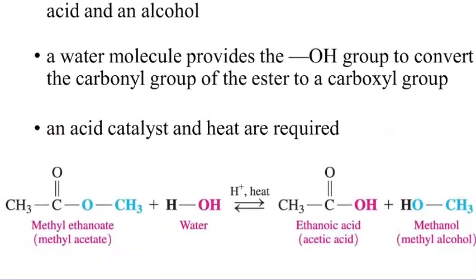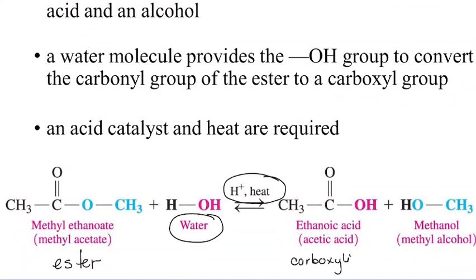So when this occurs, as you can see in the bottom reaction, if you have an ester and it combines with water, acid, and heat, you are going to obtain as products two things: the carboxylic acid that made that ester and the alcohol.